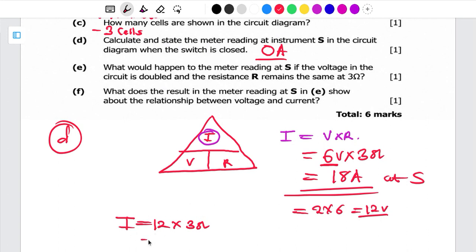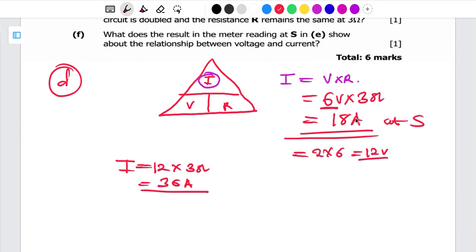Then this is going to give us 36 amps. So if we compare 36 amps and 18 amps, what is happening here? 18 is the half of 36. So it's more like when we double the voltage, we are also doubling the current.